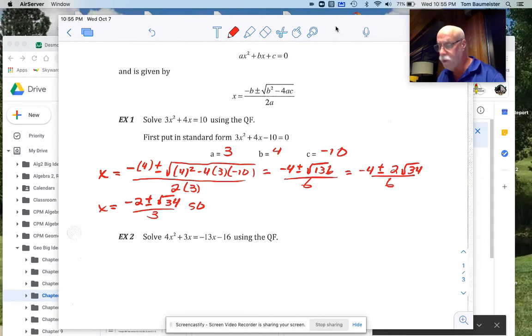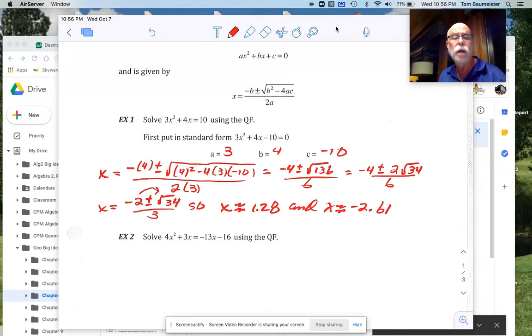So on this one here, I'll plug it into your calculator exactly as you see it, and I'll get that x is approximately 1.28 and x is approximately negative 2.61. Because remember, I still have to go above, so negative 2 plus the square root of 34, and then I'll do the bottom, negative 2 minus the square root of 34. So that will give us 2 answers.